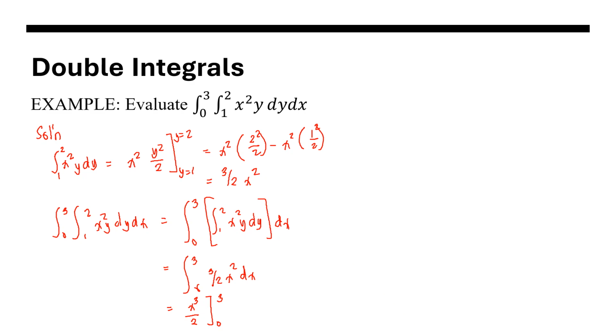So that would be equal to 3 cubed over 2. So that would be 27 over 2. And that would be our answer.